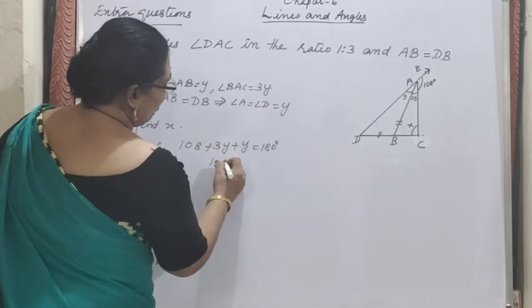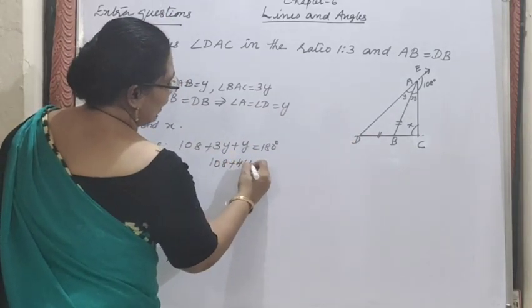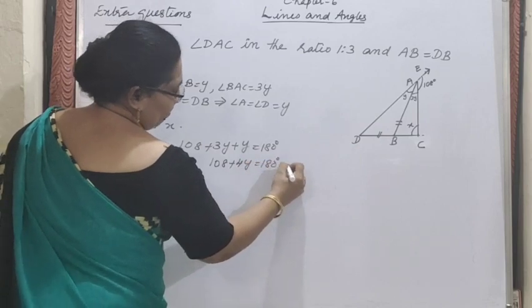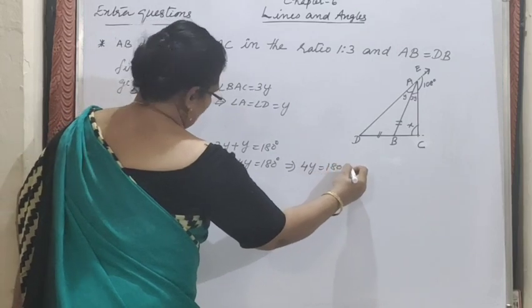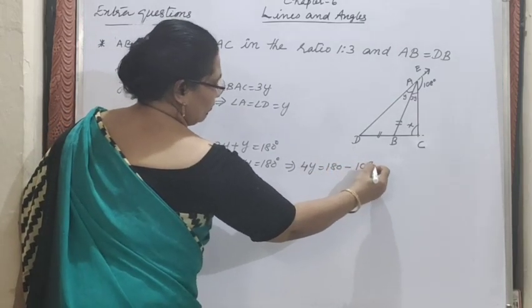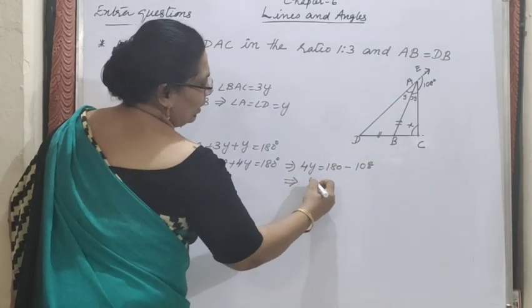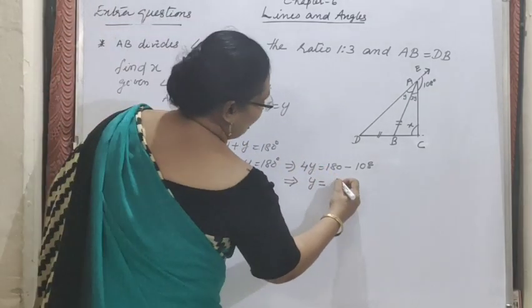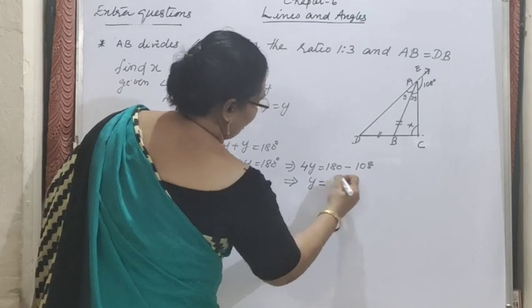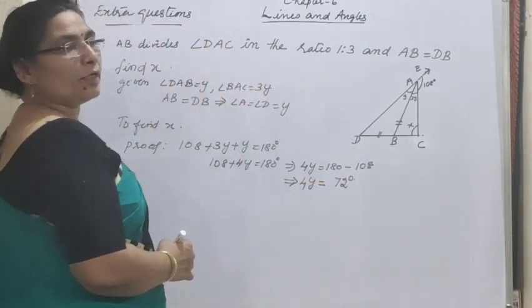So 108 plus 4y equal to 180. So 4y is 180 minus 108, which is 72 degree. 4y equal to 72 degree.